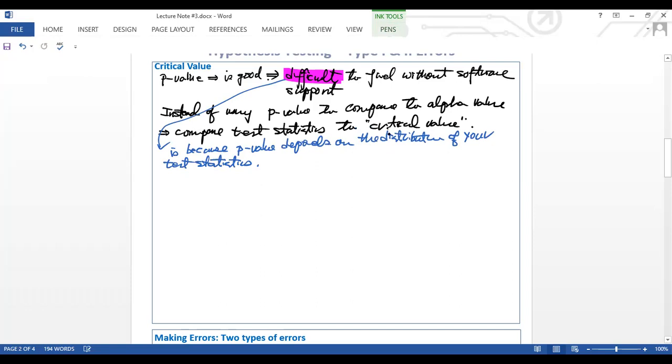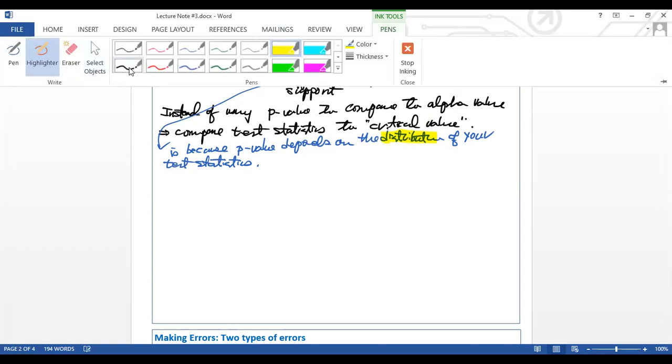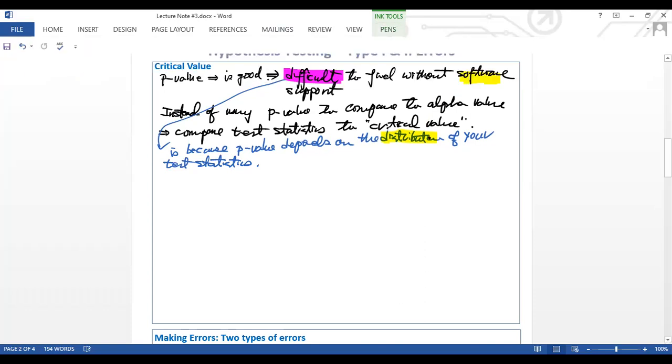And those distributions are not easy to find. That's why we said you have to have software support. Without the software support, the p-value might not be easy.